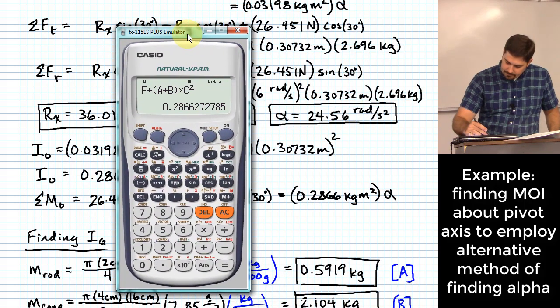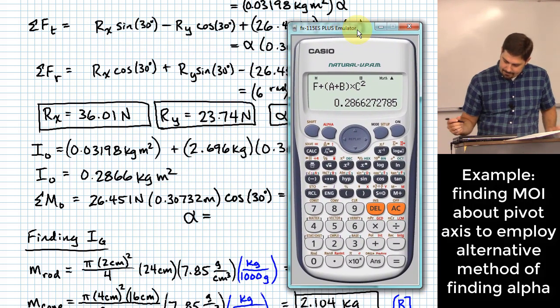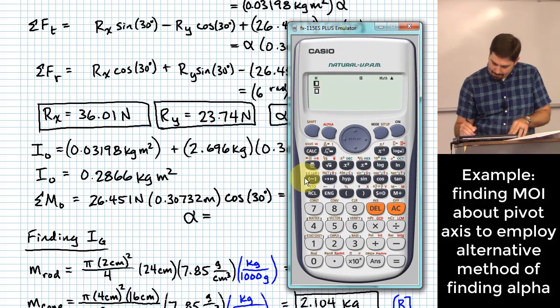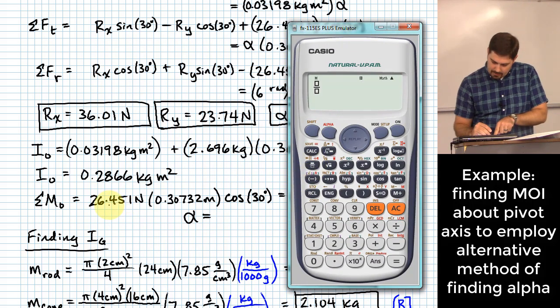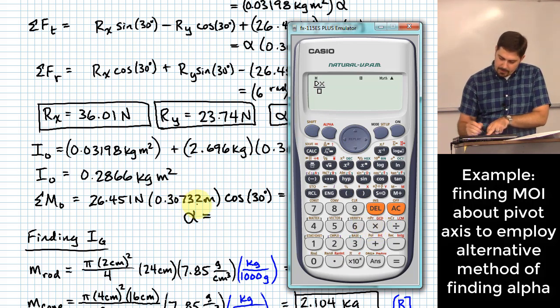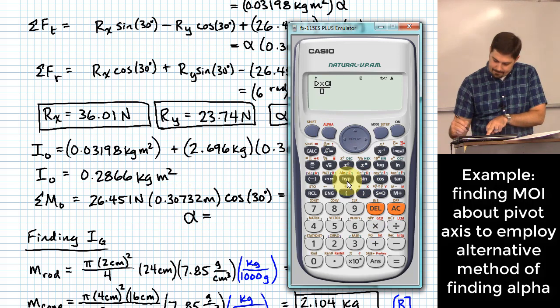So alpha becomes, okay, 26.451 I had in D, times 0.30732, I had that in C, times the cosine 30 degrees.